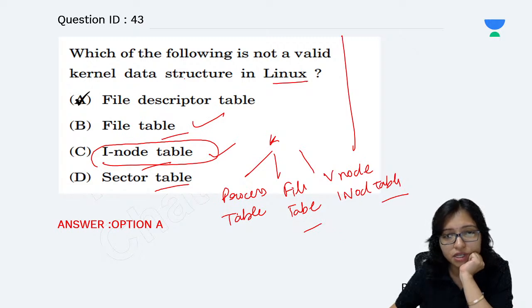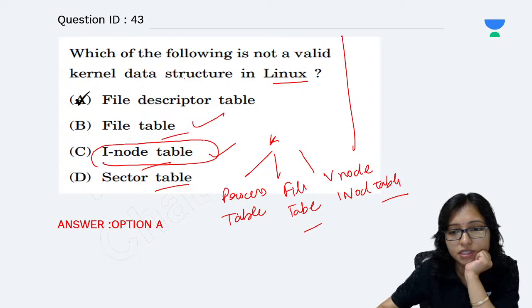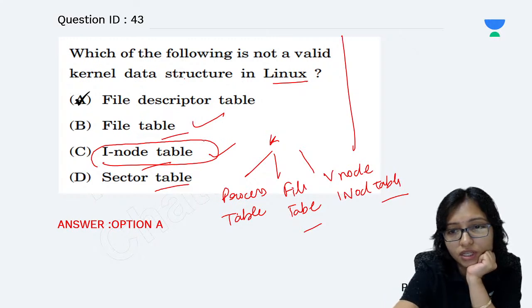Now your confusion is whether the sector table is there or not, and whether the file descriptor is there or not. File descriptor in the kernel component is not there.